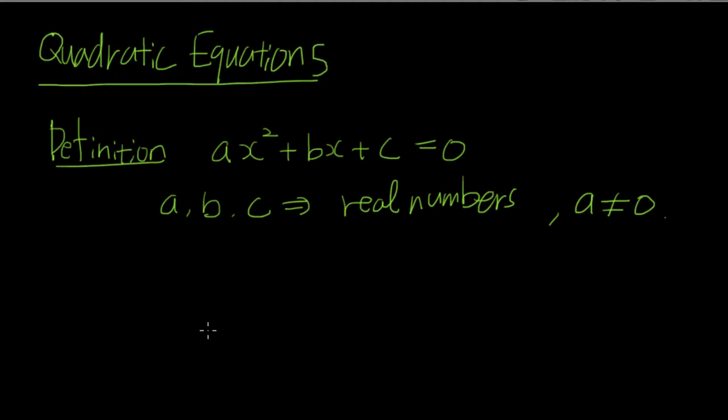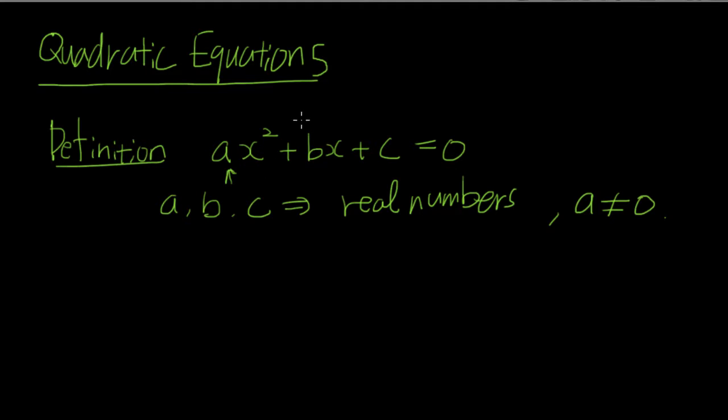So, every time that we have a condition like this, we should ask ourselves, why do we need this condition? I mean, what happens when a actually equal to 0? So, what do you think? Well, look at this given form. If this a equal to 0, what will happen to this x squared term?